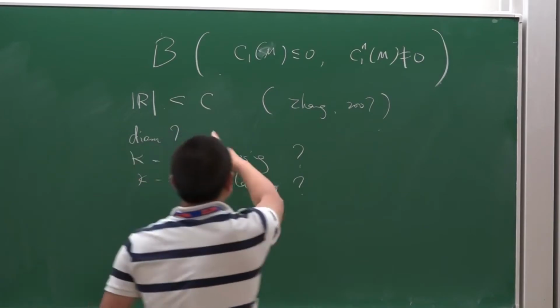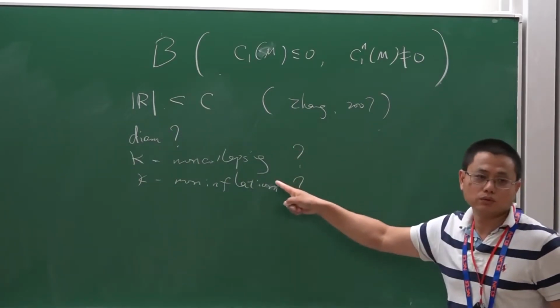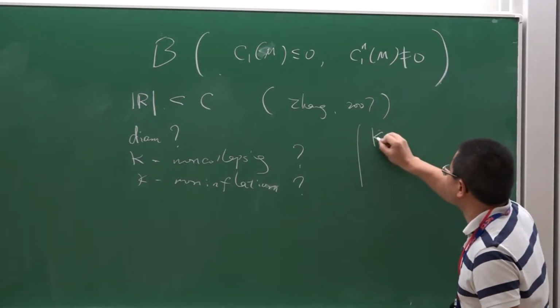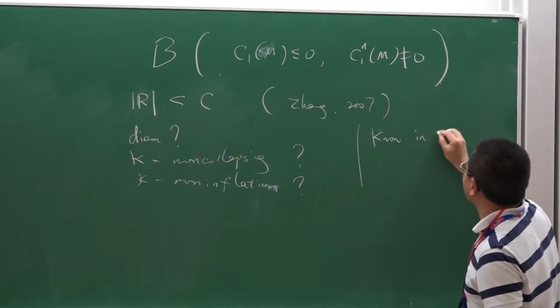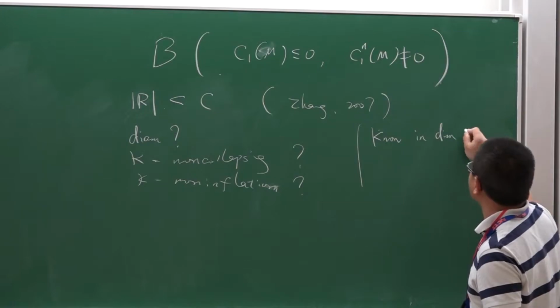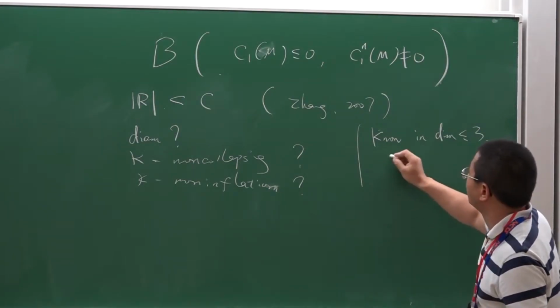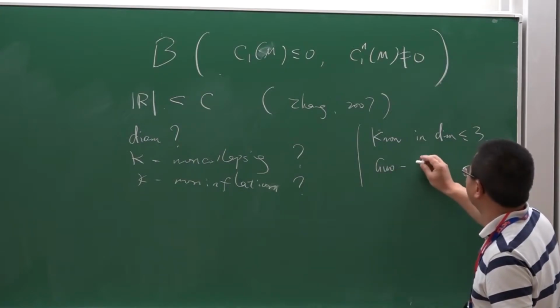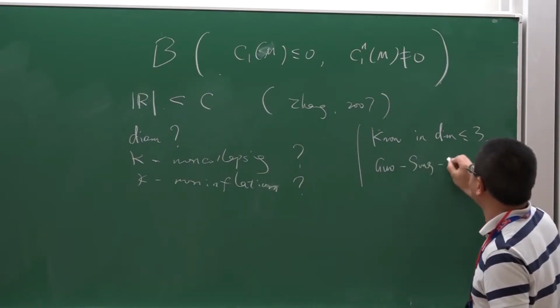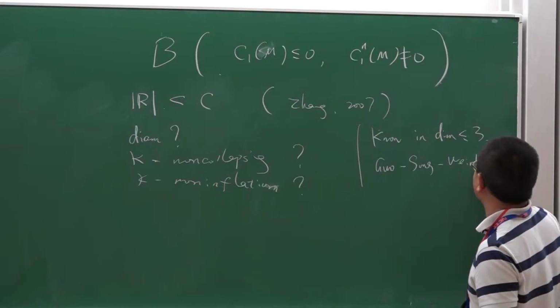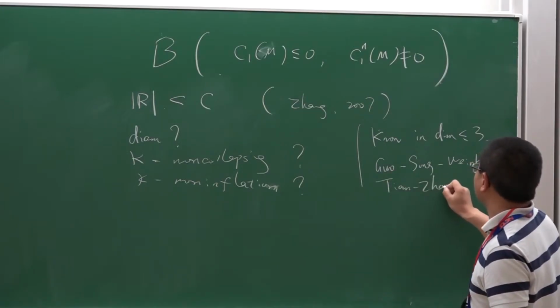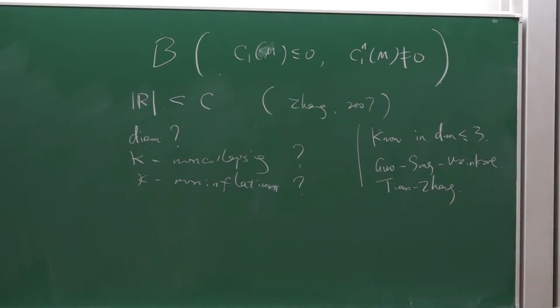But of course all these are known in dimension 2 or dimension 3. So this is known in dimension less or equal to 3 by the work of Ben, mentioned yesterday.